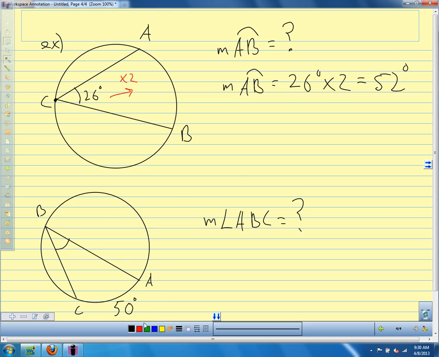Divide by 2. So the measure of angle ABC, 50 degrees divided by 2, and I get 25 degrees. Angle to the arc, multiply by 2, arc to the angle, divide by 2. Not too complicated.